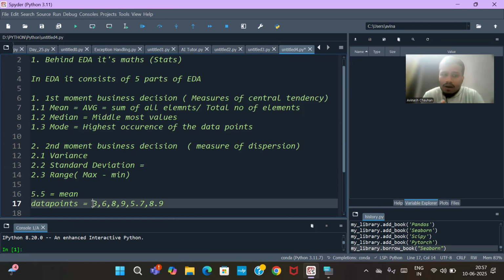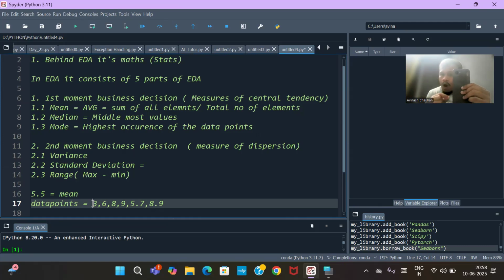Here is how it's checked with respect to the mean. For example, this is my phone, and this is the mean. Let's take a 3D graph. This is the mean, and suppose my data points are here, 1, 2, 3, 4.